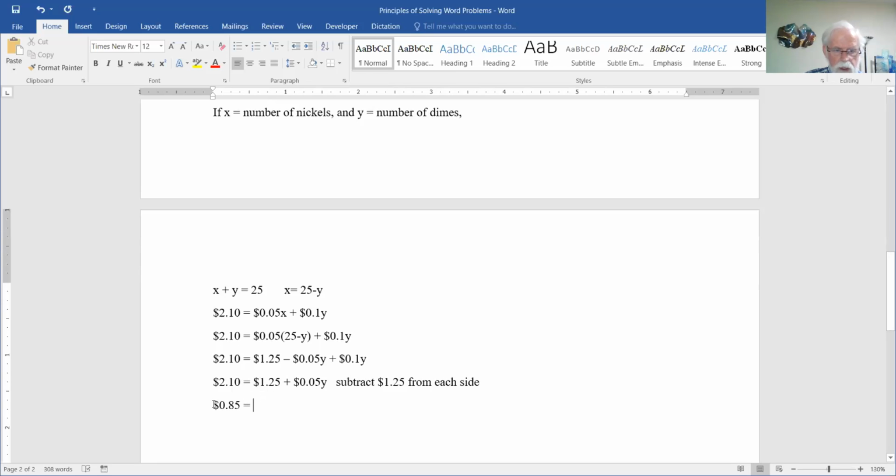So now we have 85 cents. $2.10 minus $1.25 is 85 cents. Okay, so 85 cents is going to equal $0.05y. So now we divide both sides.